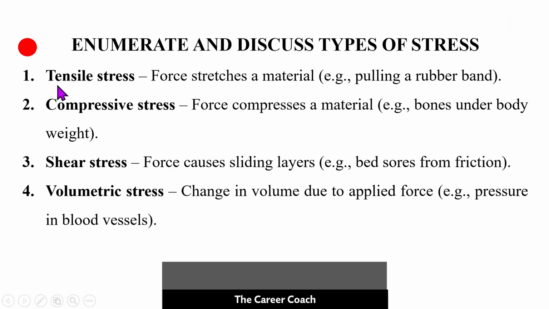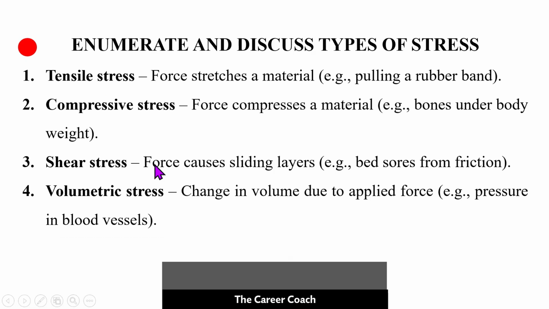The first type of stress we have is tensile stress. Tensile stress occurs when force stretches a material, e.g. when you pull a rubber band, you apply tensile stress. Compressive stress occurs when force compresses a material, e.g. bones under body weight.